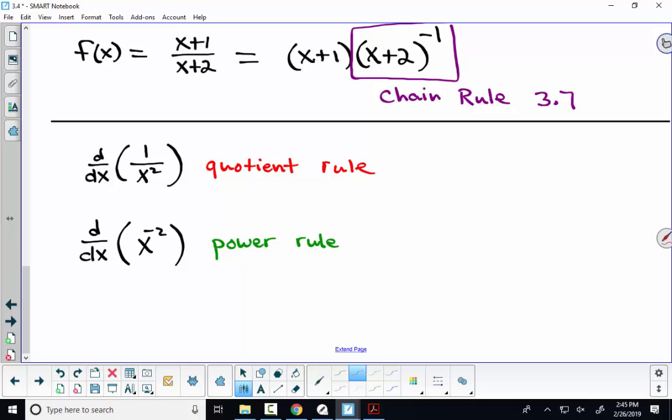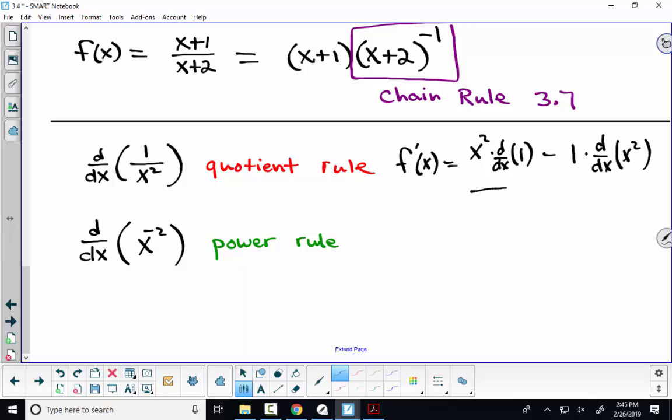So with the quotient rule here with 1 over x squared, we say that it's the bottom times the derivative of the top minus the top times the derivative of the bottom, all over the bottom squared.